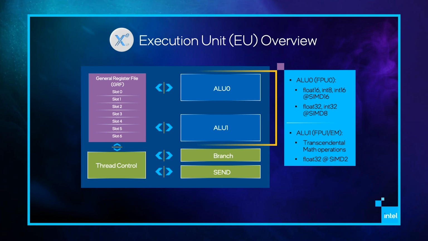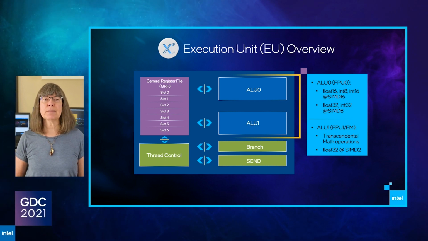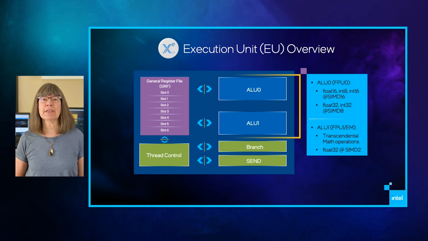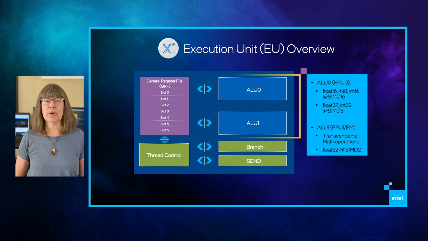For example, on Intel Xe-LP, or Tiger Lake, ALU0 handles simple float and int instructions, such as multiplication or add, while ALU1 handles transcendental math instructions such as square root, trig functions, and so on.